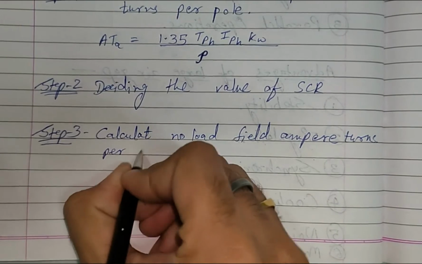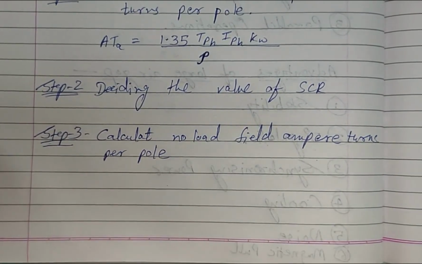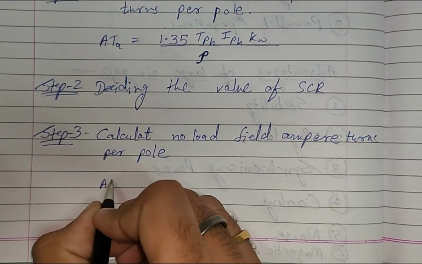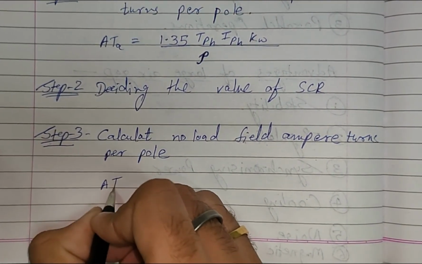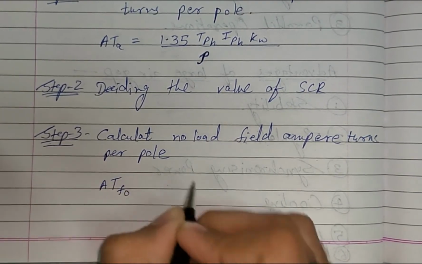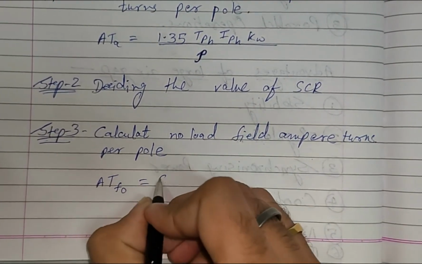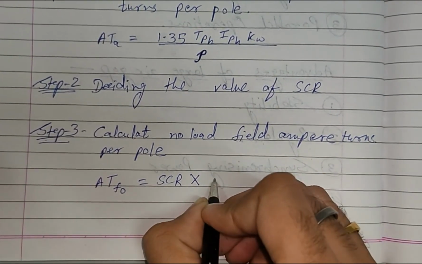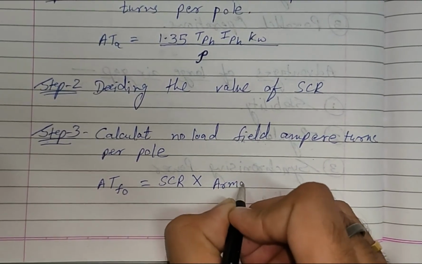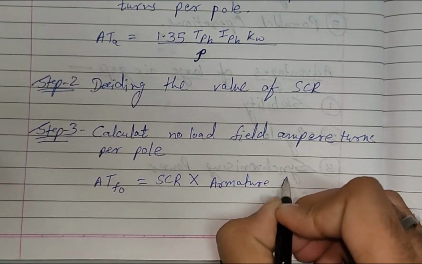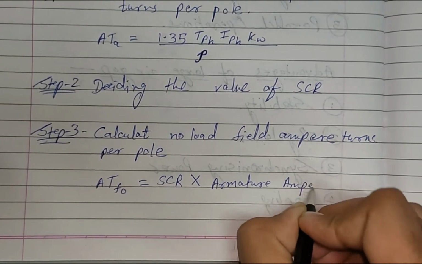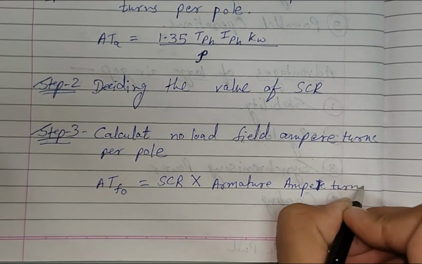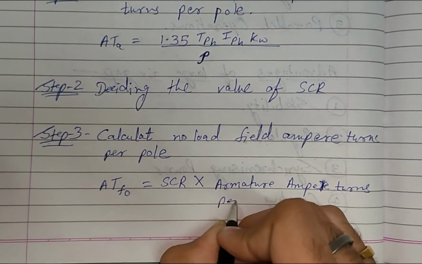So let us write this as no load field ampere turns per pole, which is given by the formula AT_fo is equal to SCR multiplied by the armature ampere turns per pole.